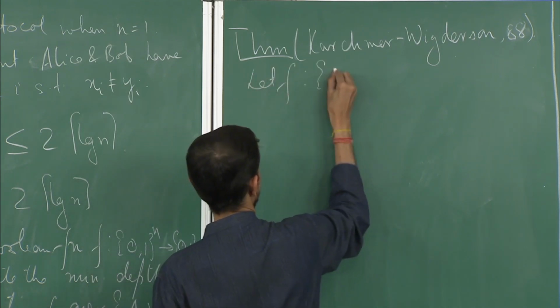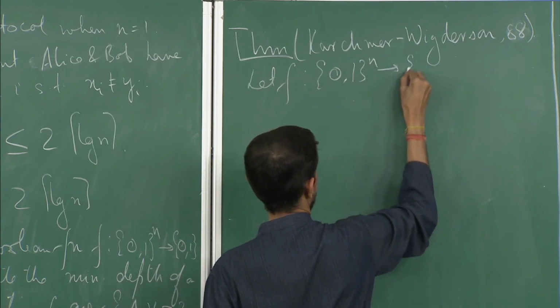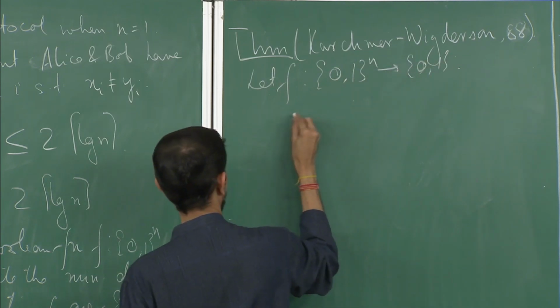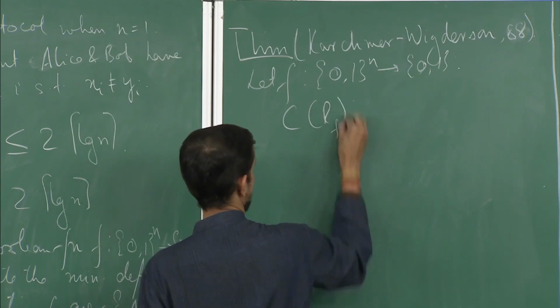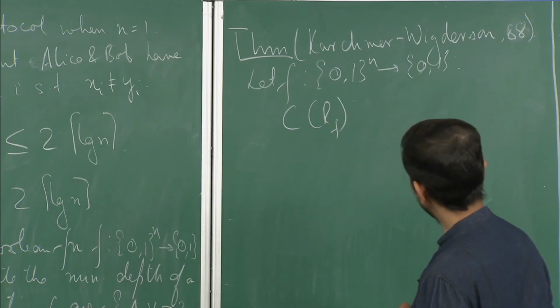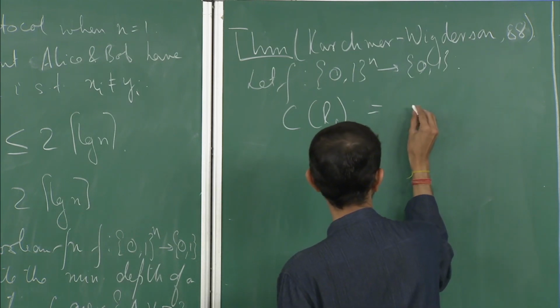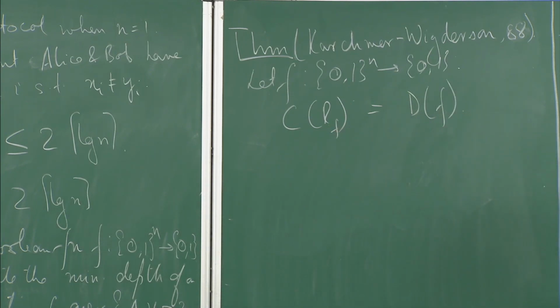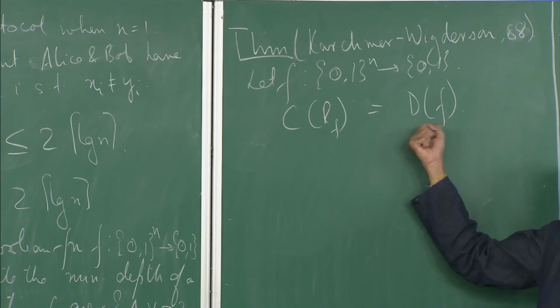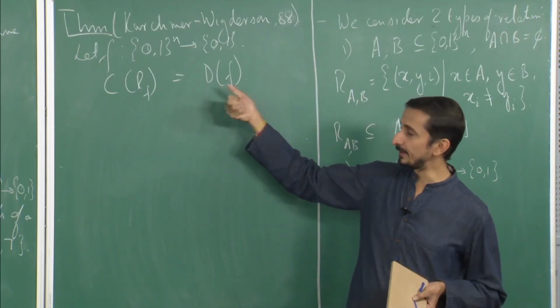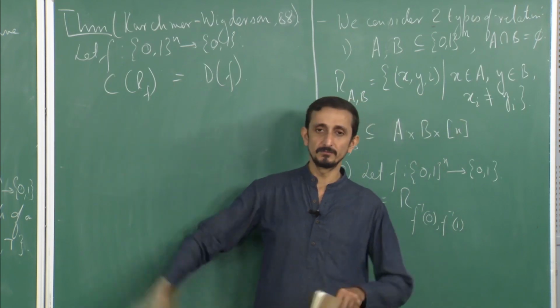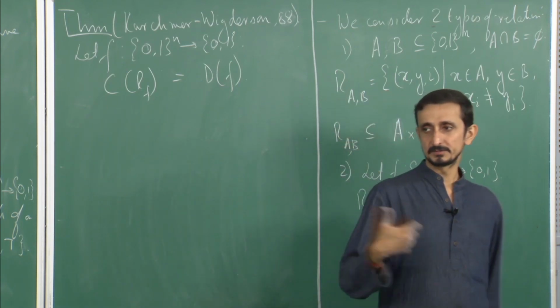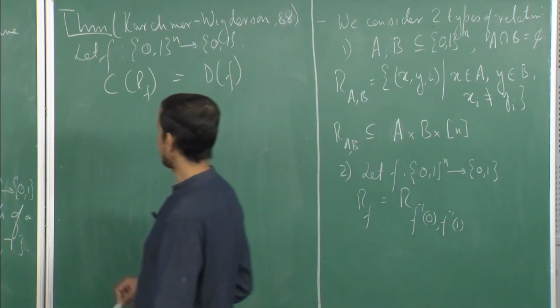Let f be a Boolean function. Then the communication complexity of the relation corresponding to f is equal to the depth of the smallest circuit that computes it. So this gives a tight bound, whichever way you want to look at it. If I want to consider the depth of a circuit, one way of studying depth is via the corresponding communication problem, the corresponding communication protocol.